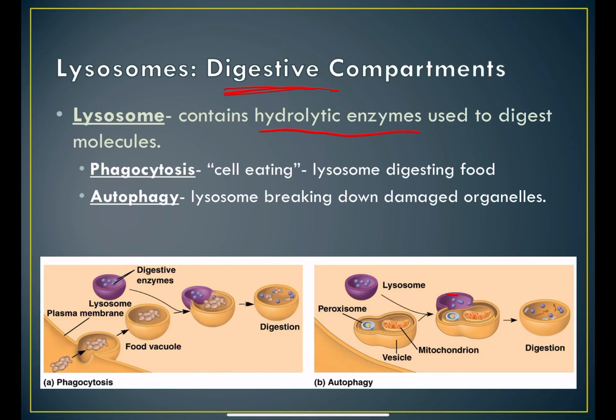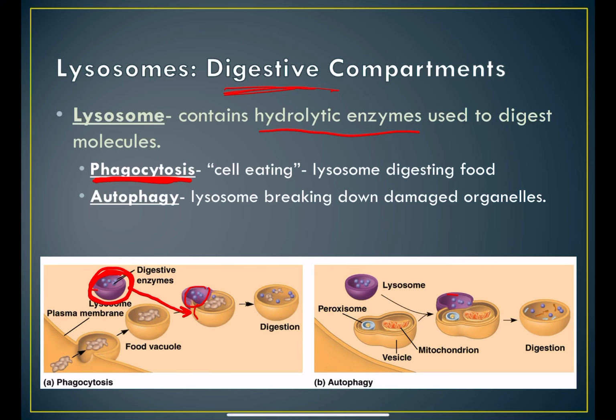That would be called phagocytosis. We see that here in this first picture. We have these digestive enzymes in the lysosomes, and here comes our food vacuole. A vacuole is just like a locker that holds stuff. So this is a food locker. It's the kind of locker I like to have. And the lysosome binds with it.